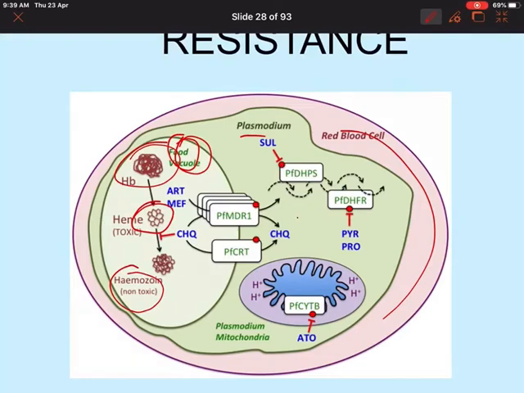Chloroquine enters into the food vacuole through certain pumps. This conversion of heme to hemozoin is inhibited by chloroquine, so toxic heme remains in the food vacuole. Not only that, chloroquine can also combine with heme to form a chloroquine-heme complex, which is also toxic.